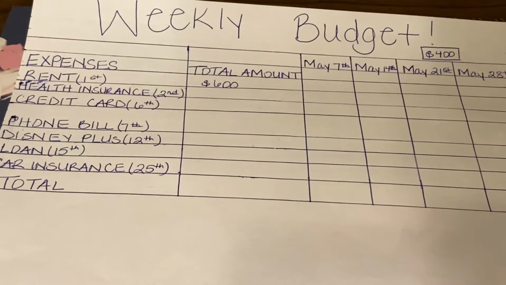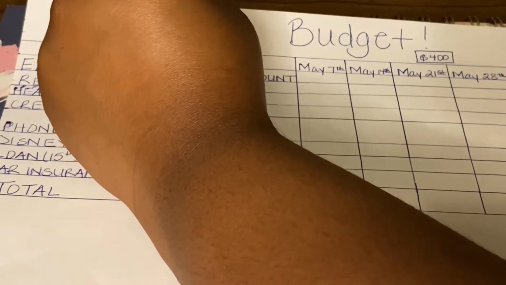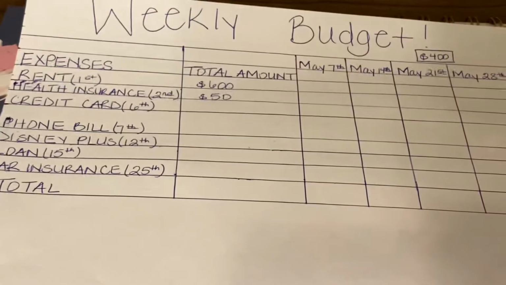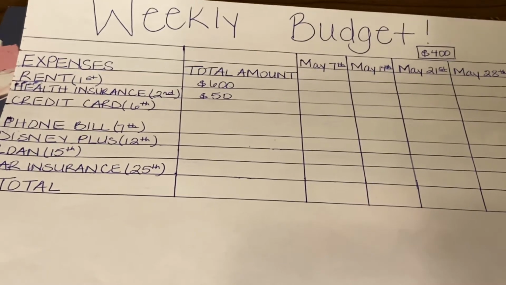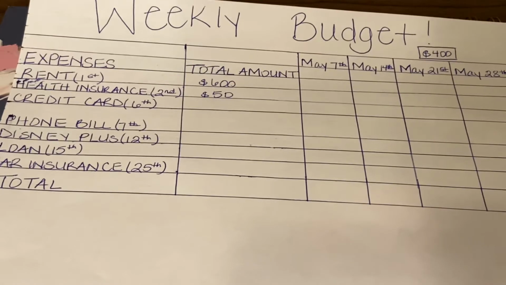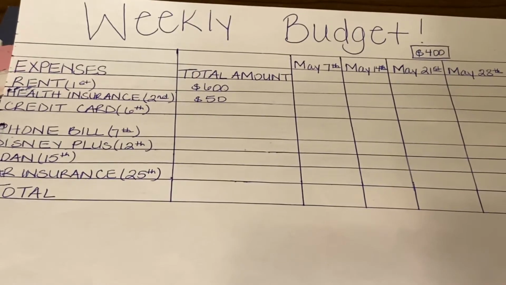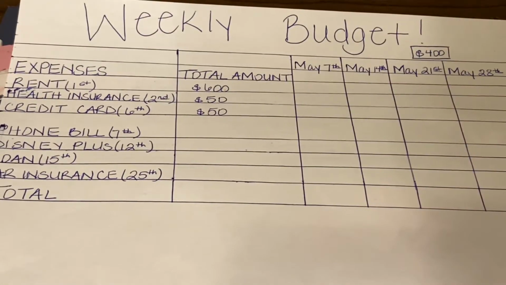Health insurance, I don't really know how much they go for, so we'll just say $50. Credit card bill, we'll just say that the credit card bill is $50 every month.